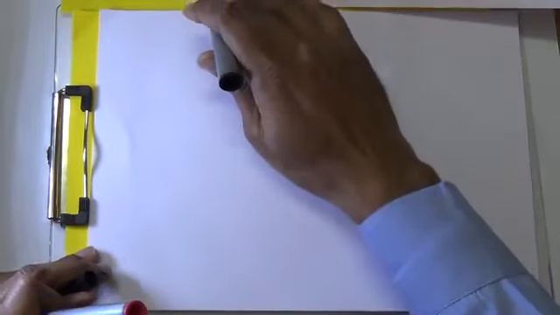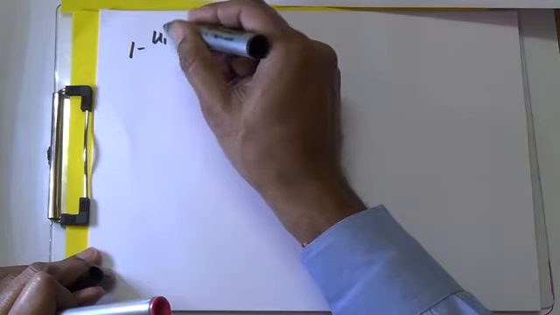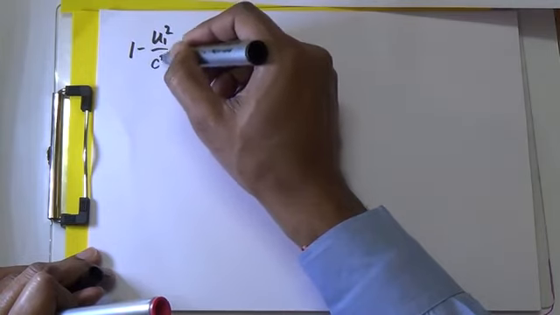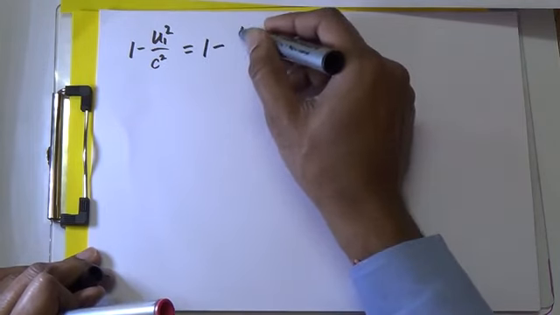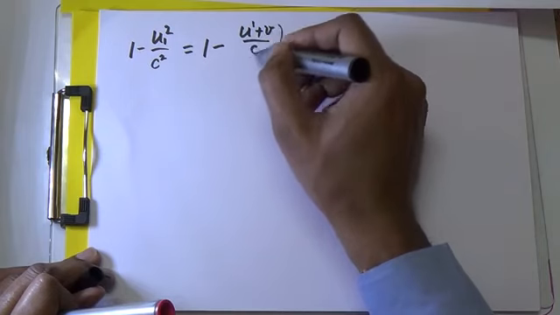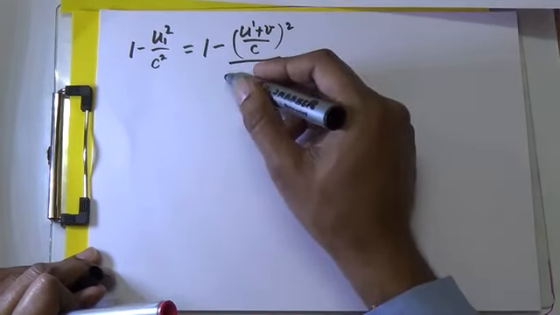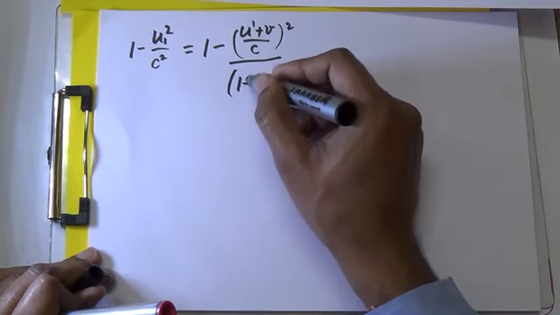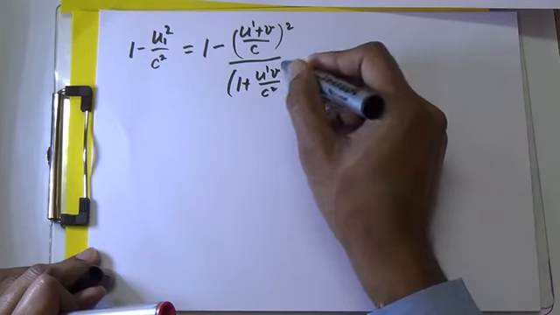So the result is 1 minus u1 square upon c square is equal to 1 minus u prime plus v upon c whole square, and this factor 1 plus u prime v upon c square whole square.